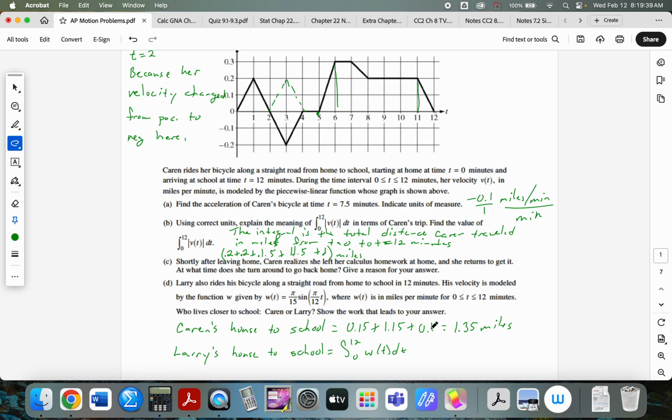So the integral from 0 to 12 of pi over 15 times sine of pi t over 12, and I got 1.6 miles. So it is Larry.